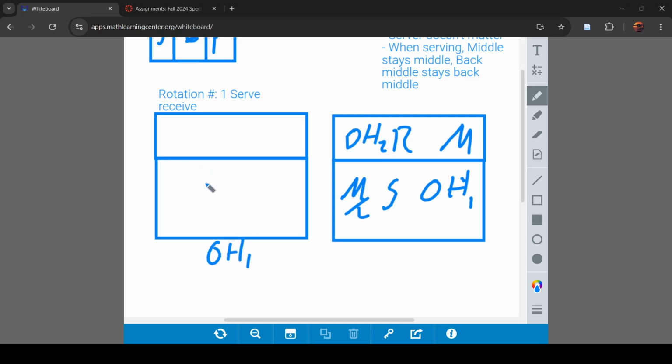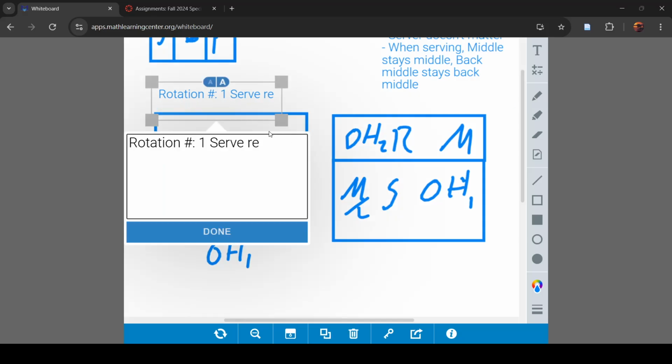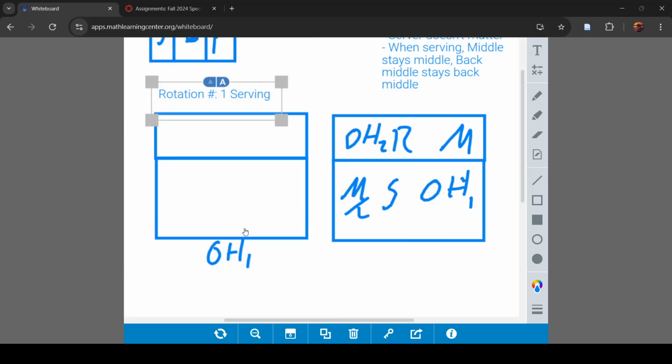So when we're serving, the setter can just start in base, and that libero can just start in base, because that's fine. The setter just has to be to the right of the libero. That's true right now. And this outside doesn't influence it at all, because they're off the court serving. You only influence rotations when you're on the court.